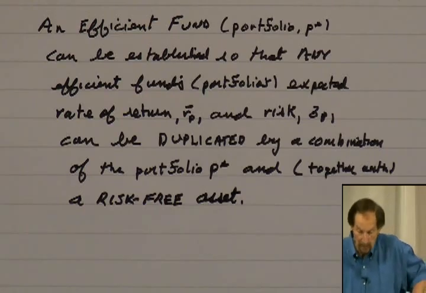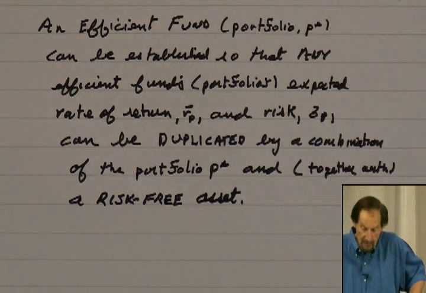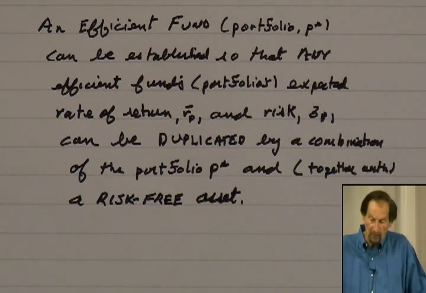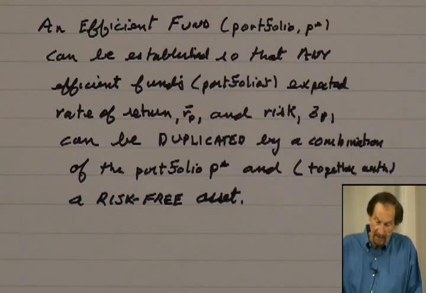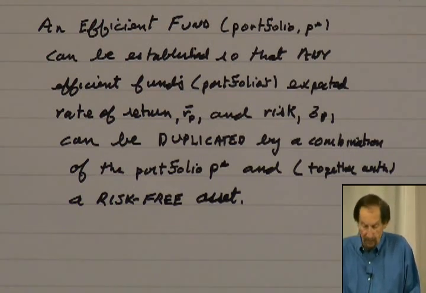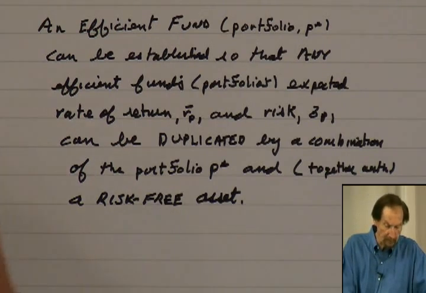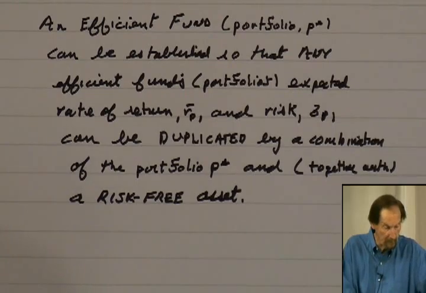Okay. So this says all you need is one fund or one portfolio plus a risk-free asset, and then you can duplicate any other efficient fund or portfolio's rate of return and risk by simply a combination of these two. Now this is a very important result.